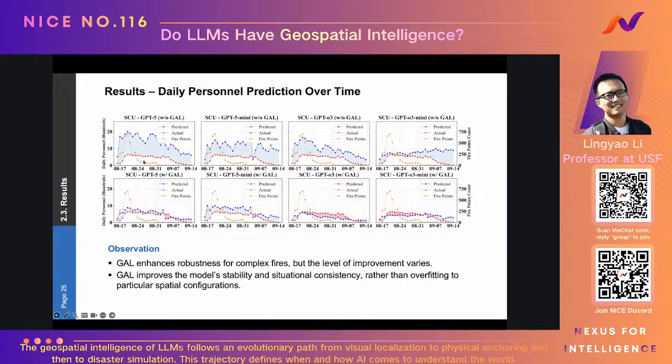So we feel these two earthquakes are really representative for our study because, although one earthquake has a higher magnitude, the damage is actually much lower. We want to test whether a large language model can capture this impact if we just simulate the agents. Then we designed the research framework.